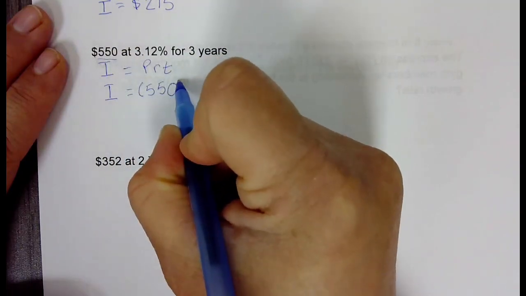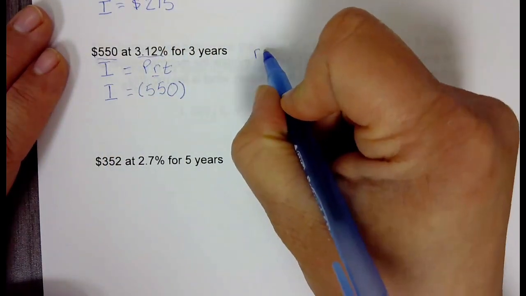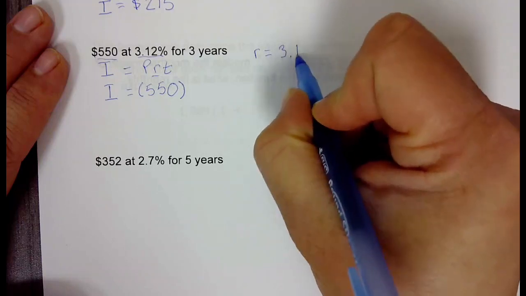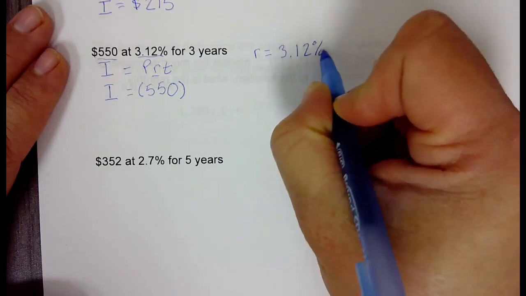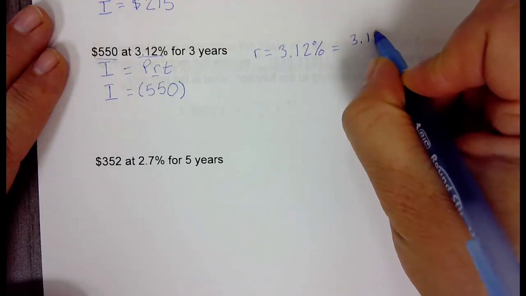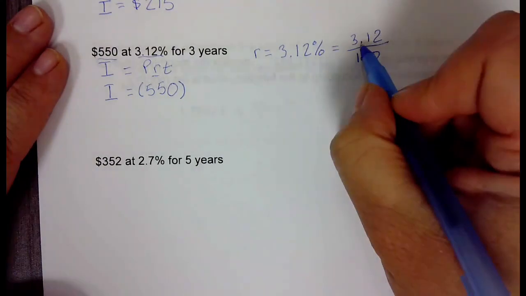$550 times the rate. My rate equals 3.12%. 3.12% per 100.